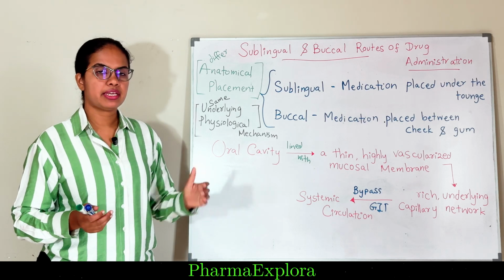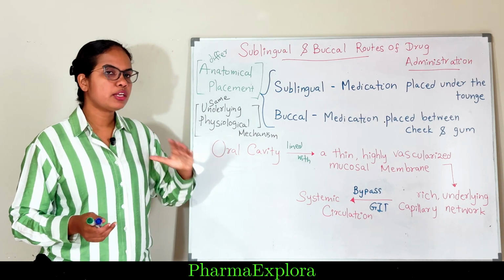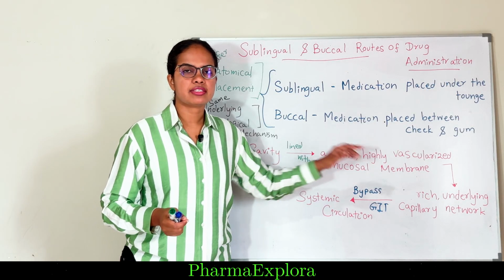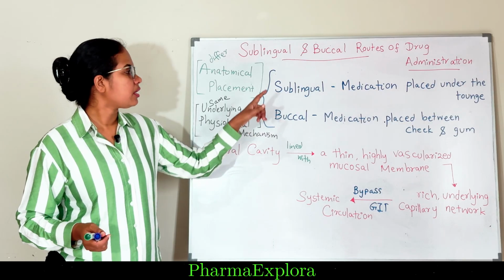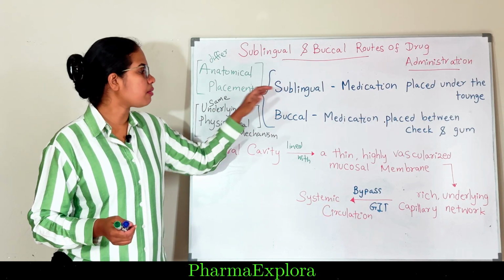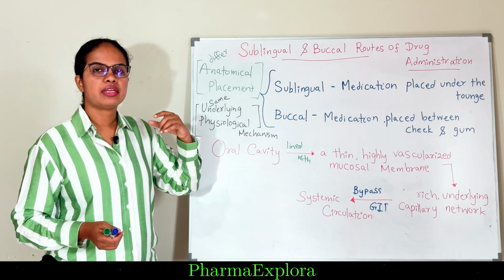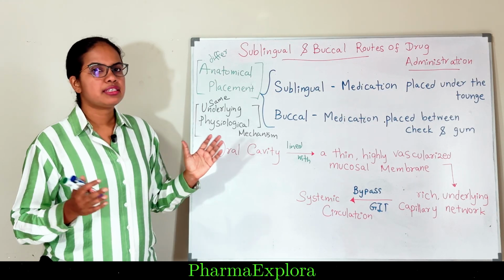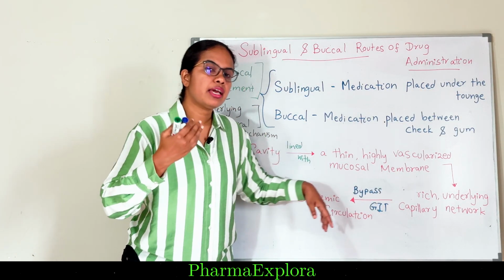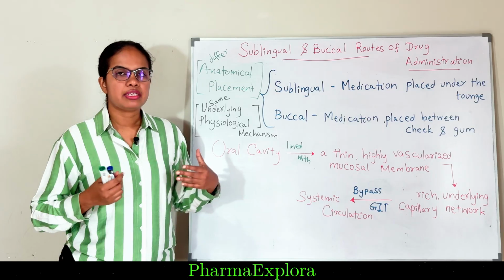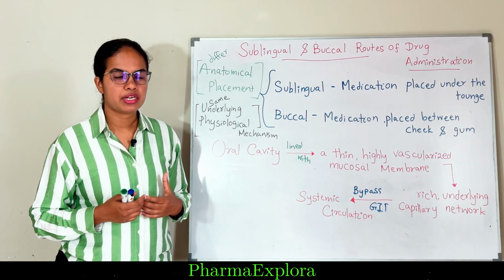So let me repeat it again. Our oral cavity is entirely lined with a thin, highly vascularized mucosal membrane. Once you take the medication by the sublingual or buccal route, the medication will dissolve in your saliva, and the active drug component will enter the rich underlying capillary network by diffusion through this highly vascularized mucosal membrane.